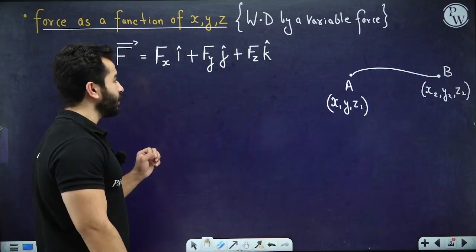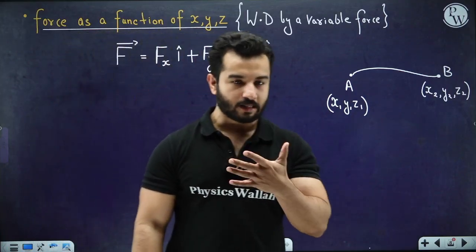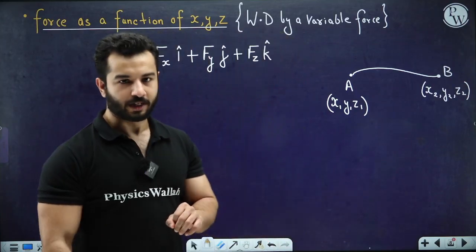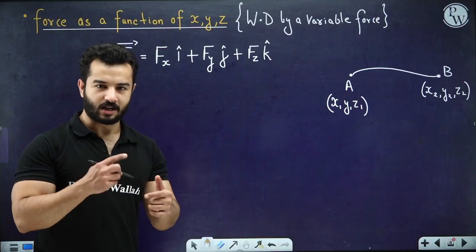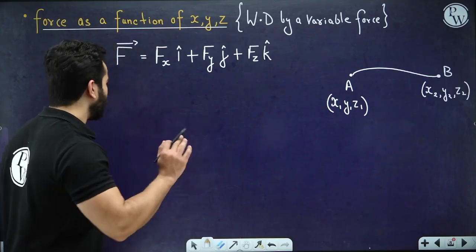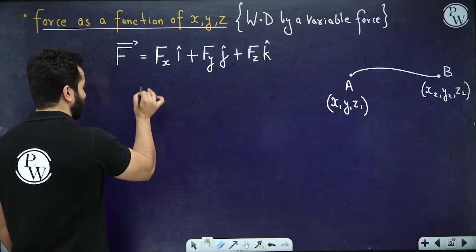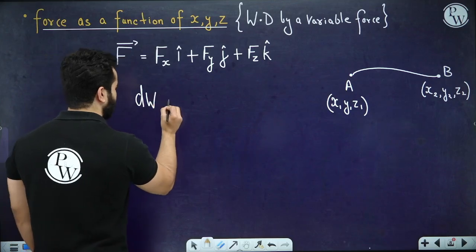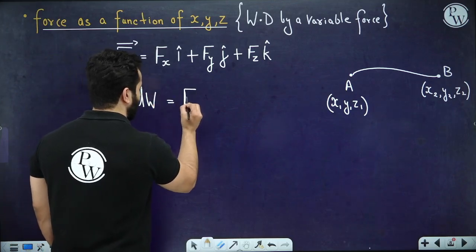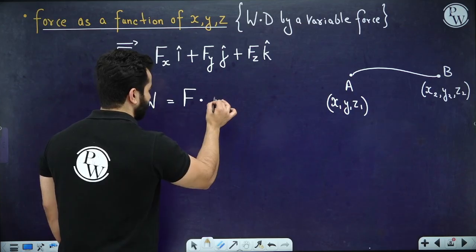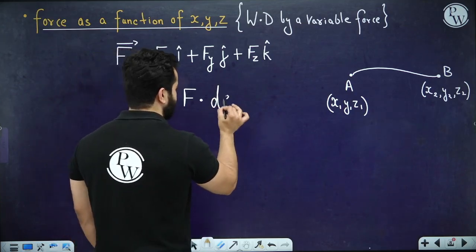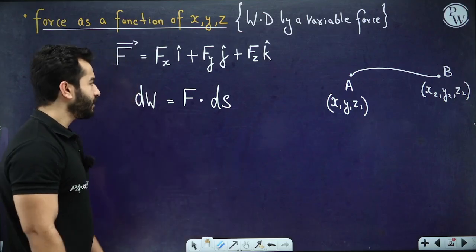Now, if we are saying that force is variable, does force depend on path? We are going to talk about all of those things later on when we start conservative forces. But for now, let's assume that we are talking about work done for an infinitely small displacement. So F dot ds, a small vector, right?